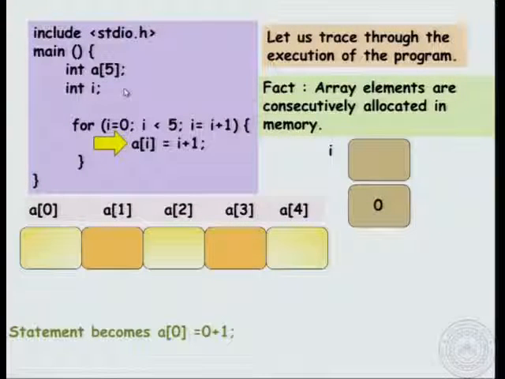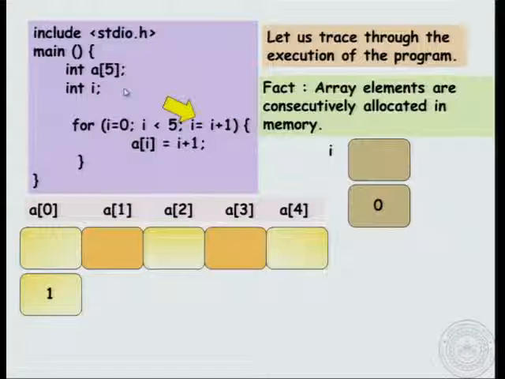So first we declare a[5], which is 5 consecutively allocated integers in the memory. And we also have a variable i. i starts with 0, and for the 0th iteration, a[i] is allocated, let's say, i plus 1.